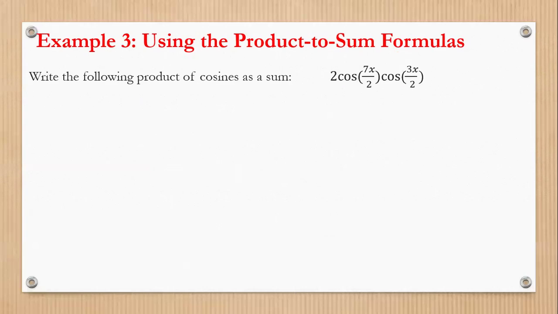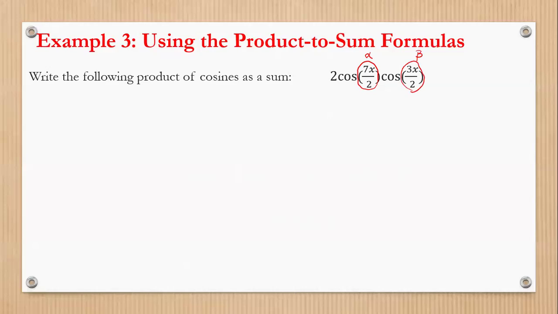In this example, we have this product, 2 cosine of 7x over 2 times the cosine of 3x over 2, and we want to change it to a sum of two trigonometric functions. So my first angle, or angle alpha, is 7x over 2, and my second angle, or angle beta, is 3x over 2.